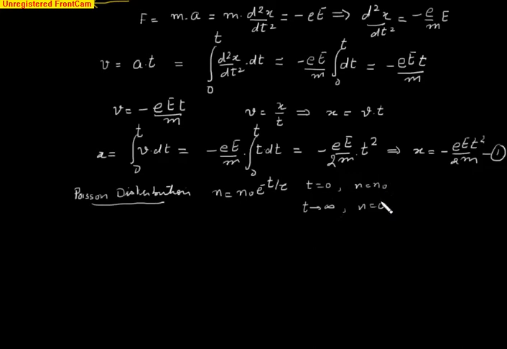And the change from this n naught to 0 can be shown by the change in number of particles moving under thermal conditions, and that is given by dn over dt, and it can be determined by differentiating this term, and we get n naught e minus t divided by tau, and divided by this tau differential coefficient with this minus sign.